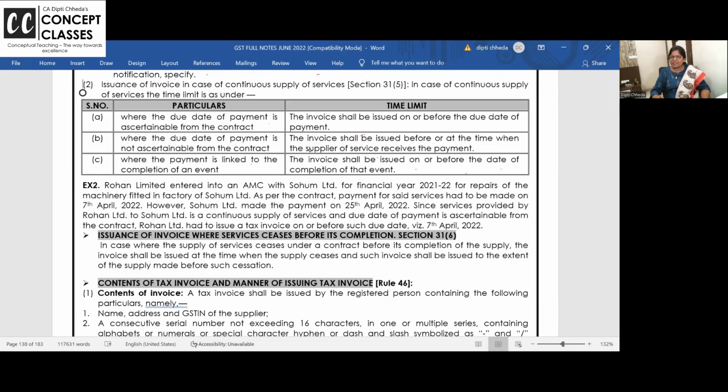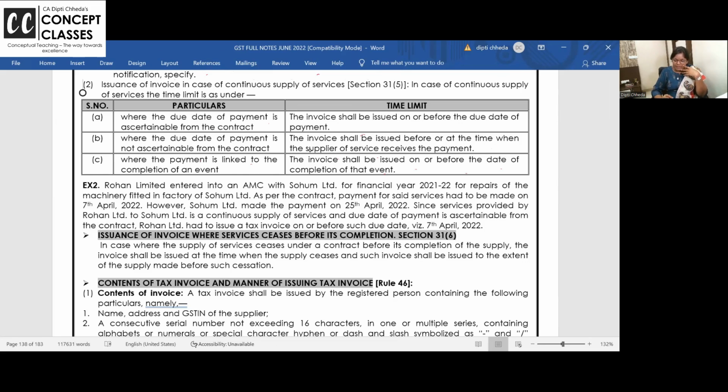Continuous supply of services में due date of the payment. If the recipient is making payment on every due date to the supplier. If due date is not there, then when the payment is actually received. And if not, then on the completion of the event.